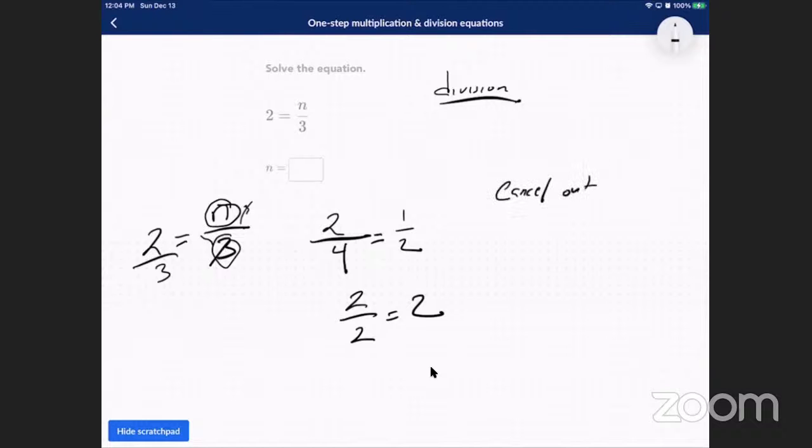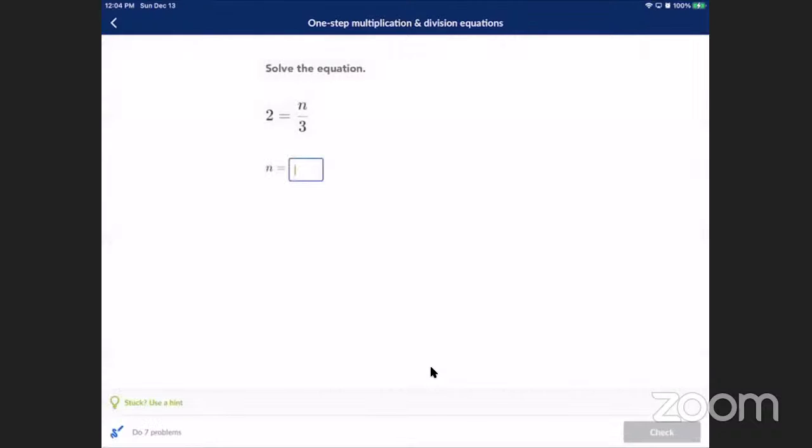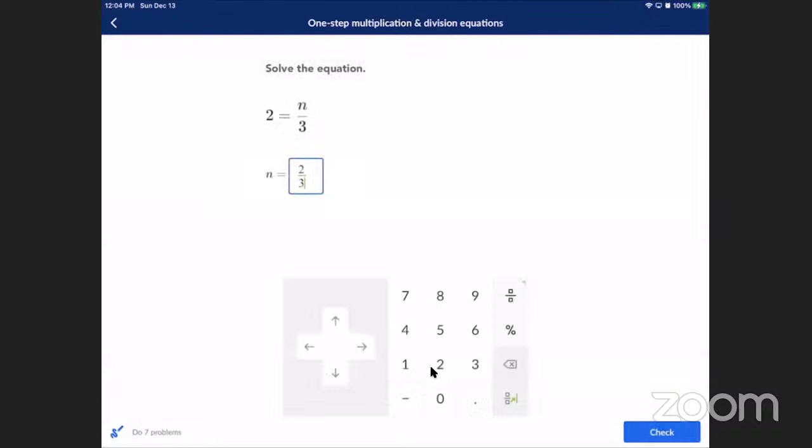Then we would end up with n equals 2 over 3. And n equals 2 over 3 should be the answer we could use for this.